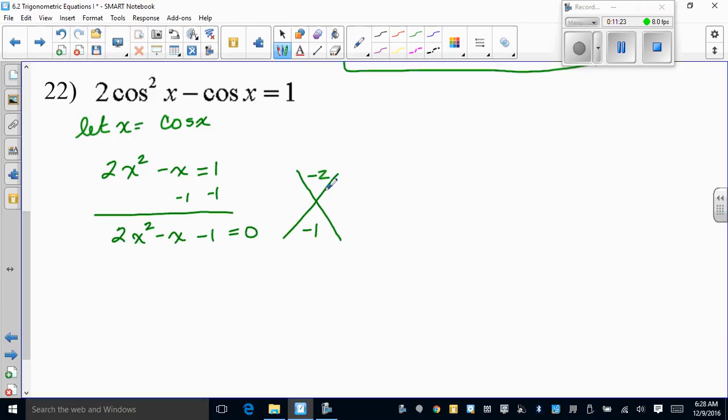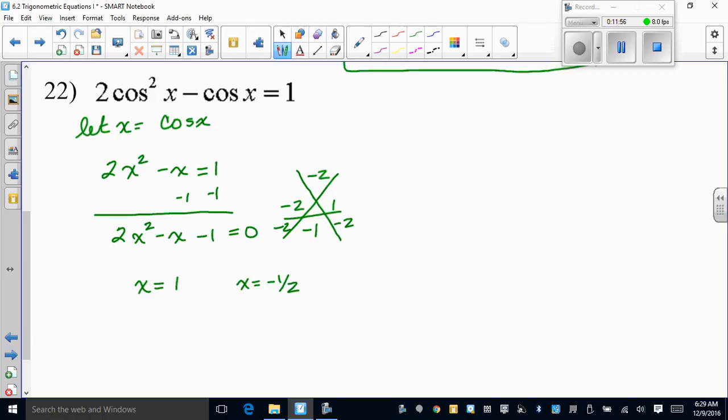So since this is negative, it's going to get the larger value, -2 and 1. -2 times 1 gives me -2. -2 plus 1 gives me -1. Vincent's rule tells you to take the negative version of this guy. So -2, -2. And you're going to get your answer of x equals -2 over -2, which is 1, or x equals -1/2.